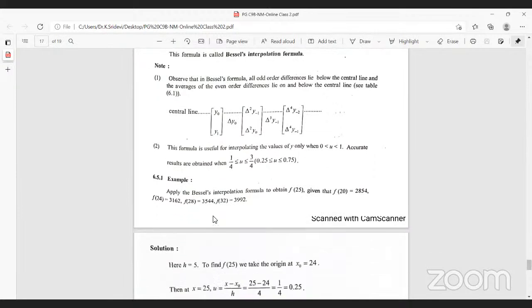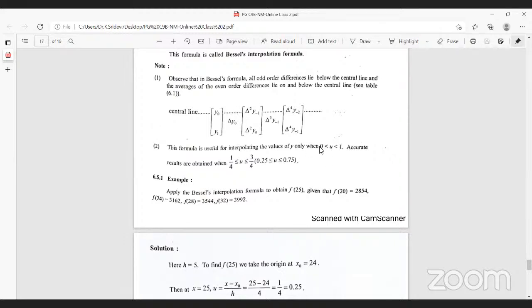When we use this formula to get the interpolating value near the middle values, if u lies between 0 and 1, or 0.25 is less than or equal to u less than or equal to 0.75, if u satisfies this condition, you can use this formula for getting better accuracy.